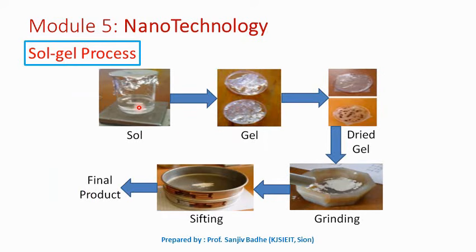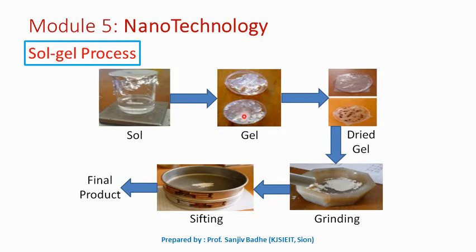So here we have a sol, a type of colloid in which solid particles are suspended in a liquid. When the liquid is evaporated, what remains is a semi-rigid mass which we call a gel. So in a gel, the particles or ions left behind join together to form a continuous network.